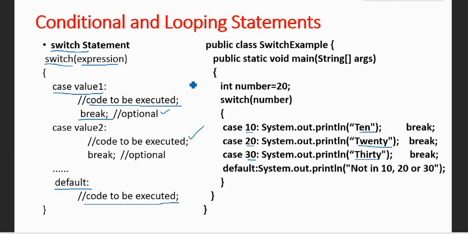If the value of this number is other than these first three cases, it is not 10, not 20, and not 30, then it comes to default. I'm putting System.out.println that your number is not in 10, 20 and 30.